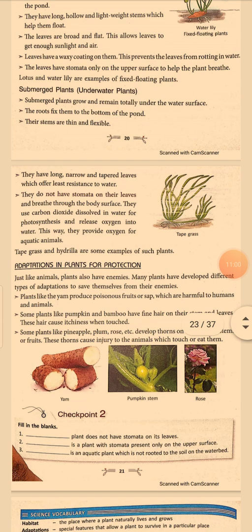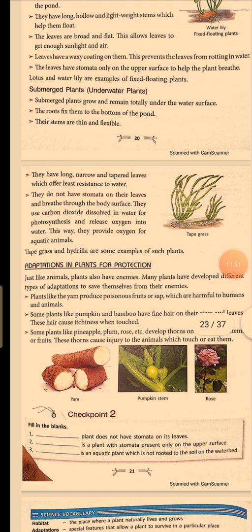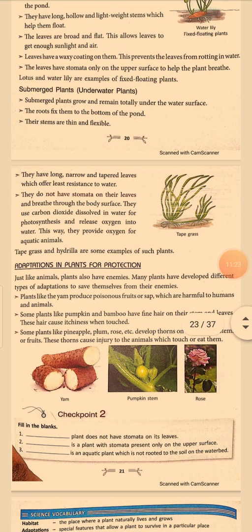Because of their sharp edges and spines, no human or animal can take the flower so easily. So this is their way of protection. You will see a number of plants making some modifications, some changes in their body so that they remain protected. So here are some examples of the protection shown by plants.